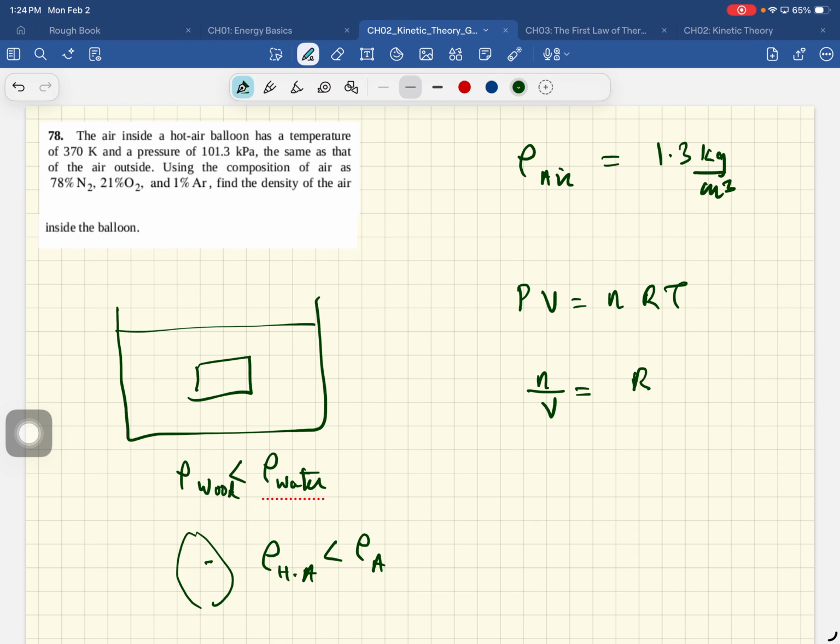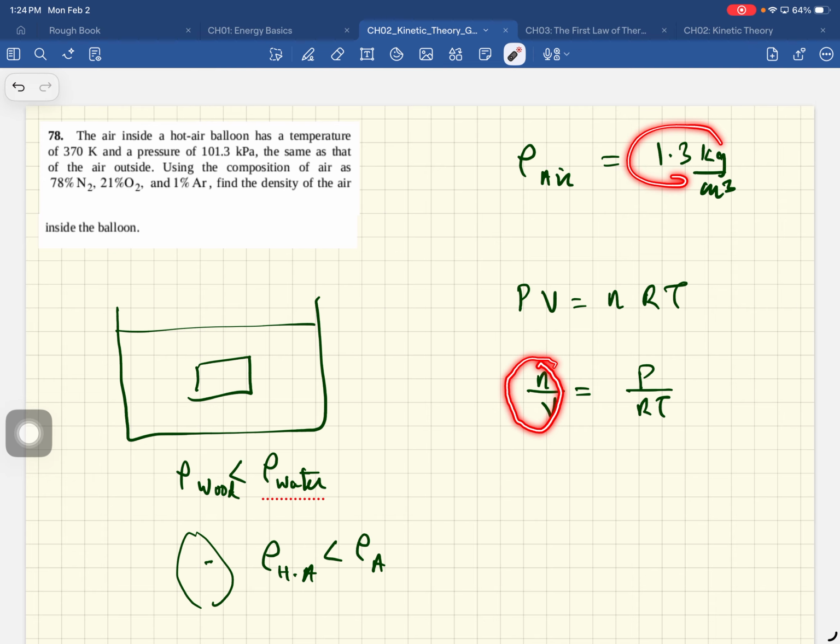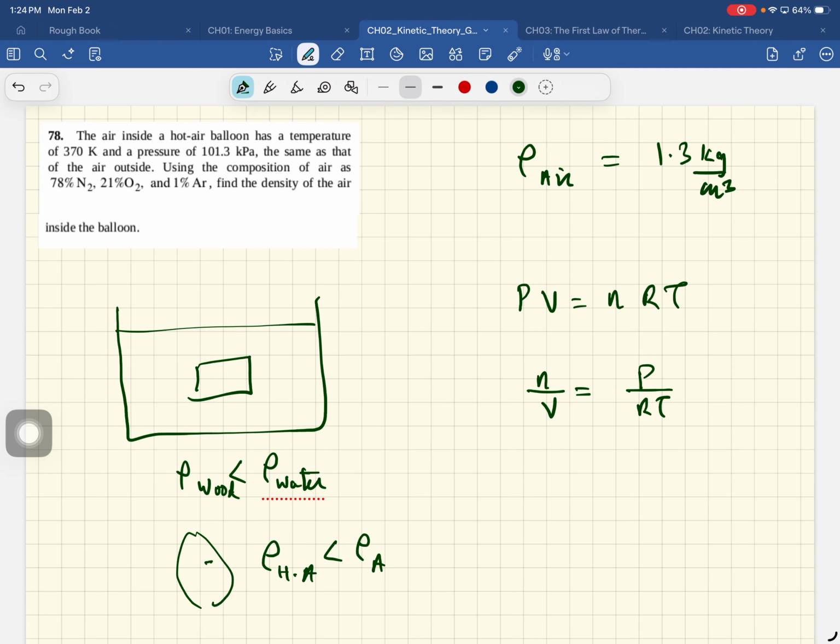What is argon? 40. So the 32.8 is common, I'll pull that out. 0.78 into 28 plus 0.21 into 32 plus 0.01 into 40 times that.